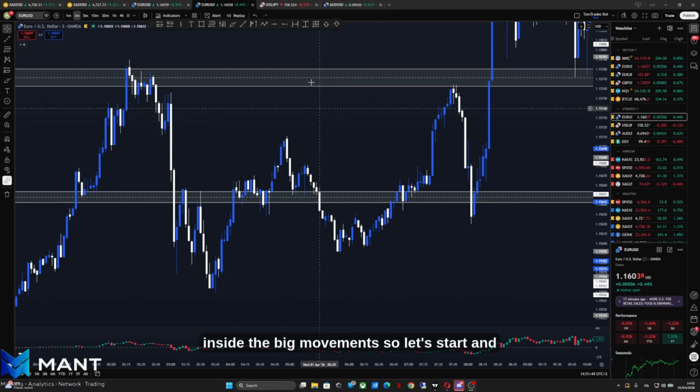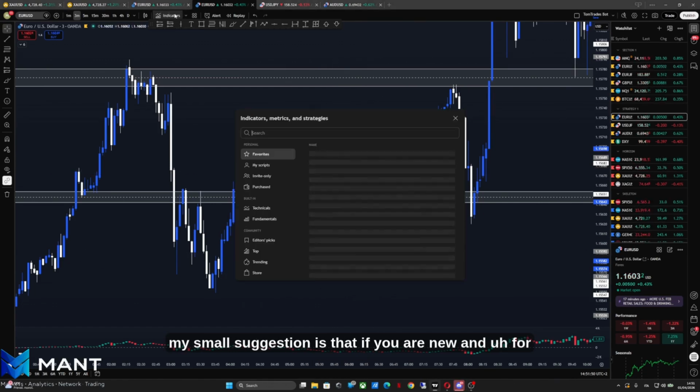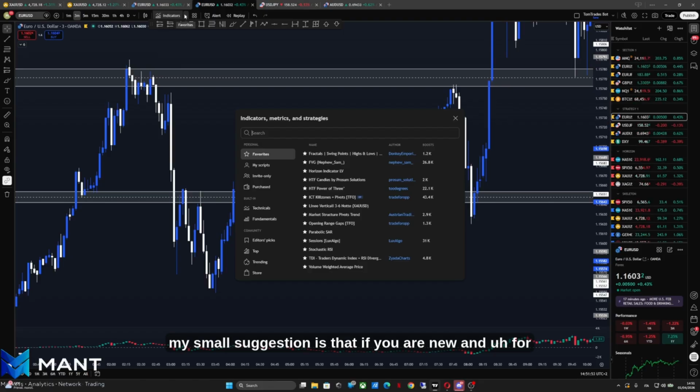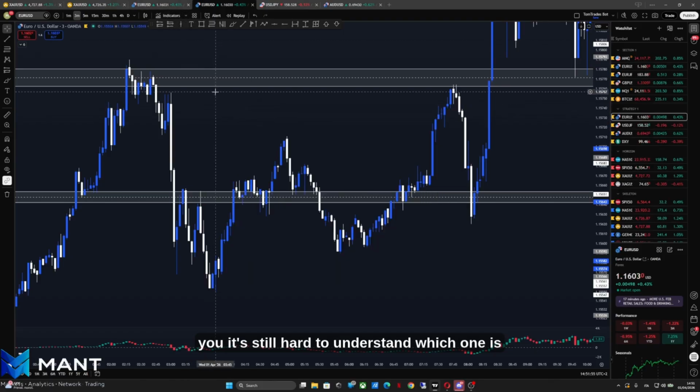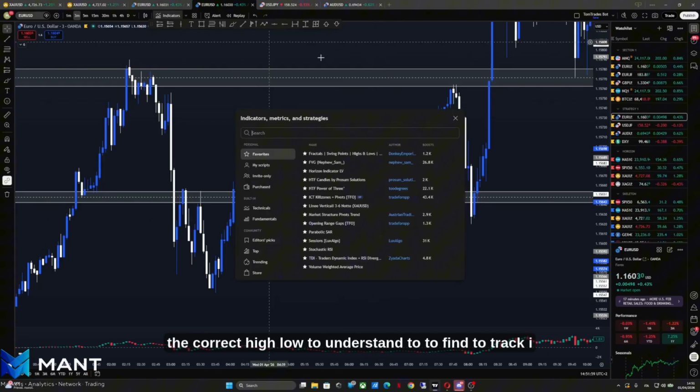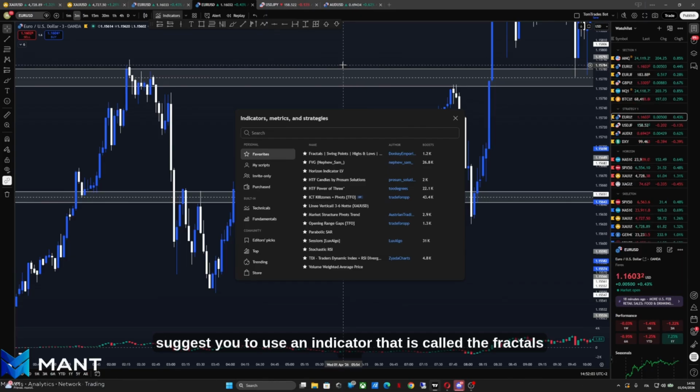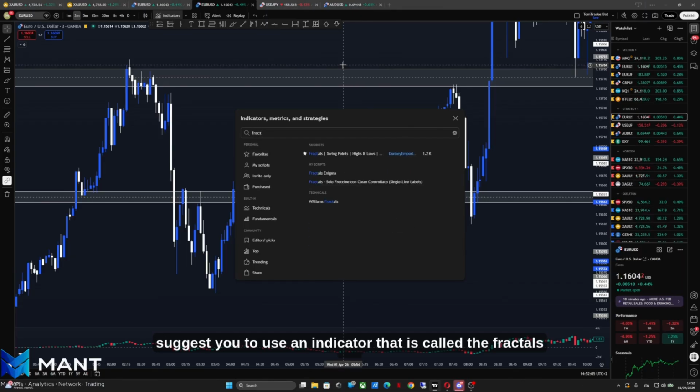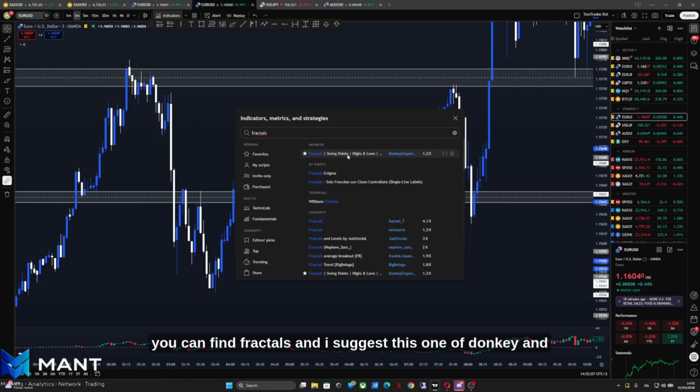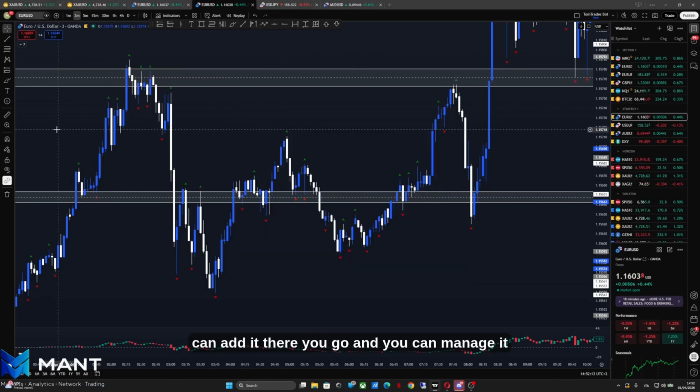So let's start. My small suggestion is that if you are new and it's still hard to understand which high and low to find and track, I suggest you use an indicator called fractals. I suggest this one. You can add it and manage it.